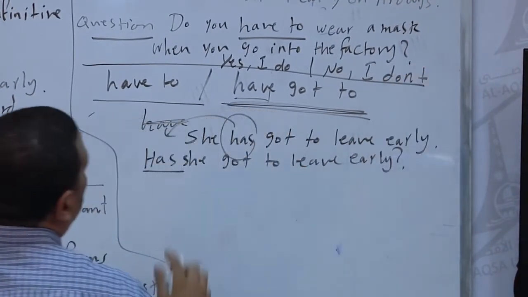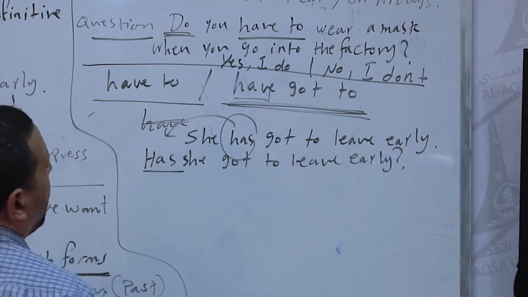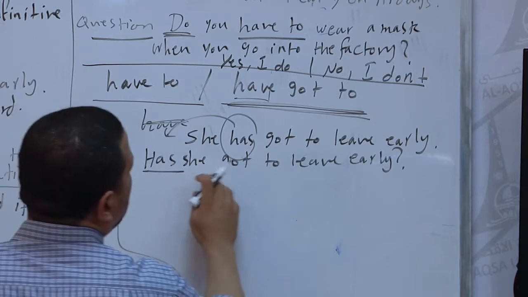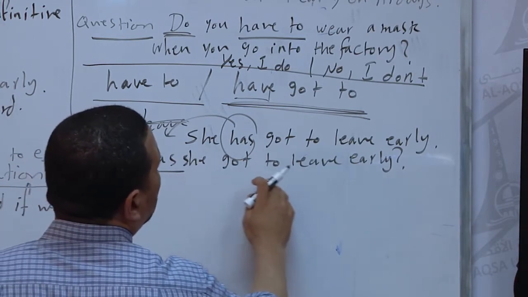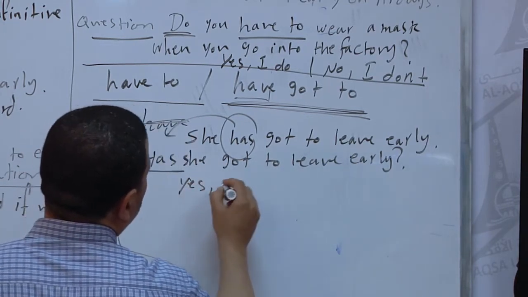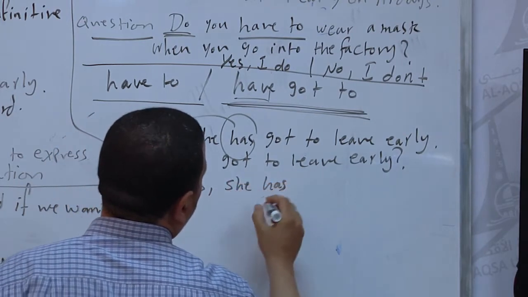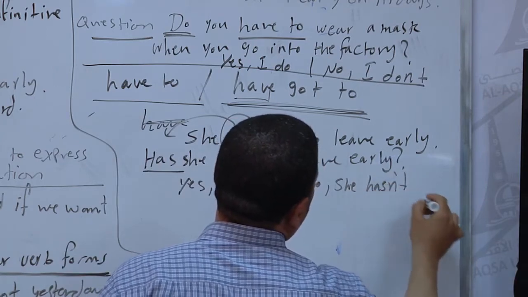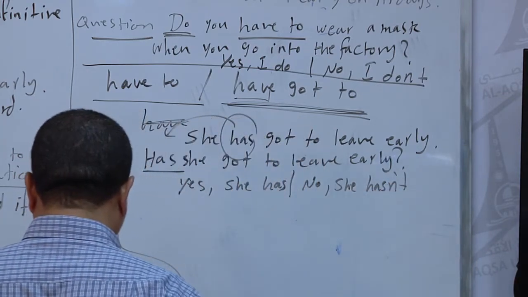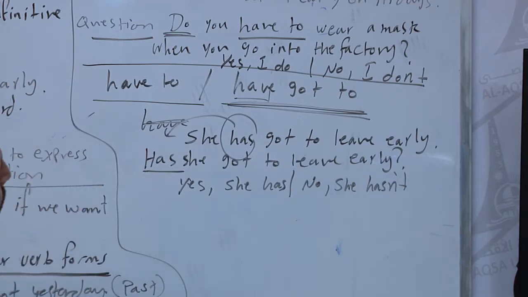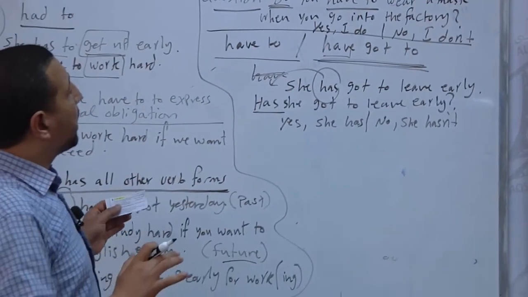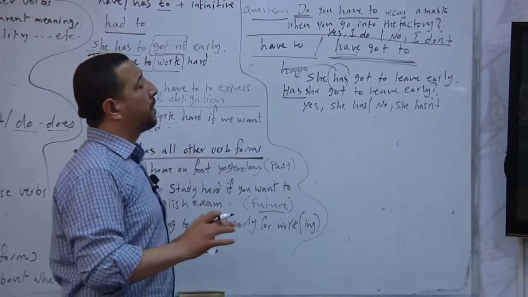This is the answer, because here we ask with do. Do you have to wear a mask? Yes, I do. No, I don't. Here, has she got to leave early? Yes, she has, or no, she hasn't. That's why the negative and question forms are different in the case of have to and have got to.